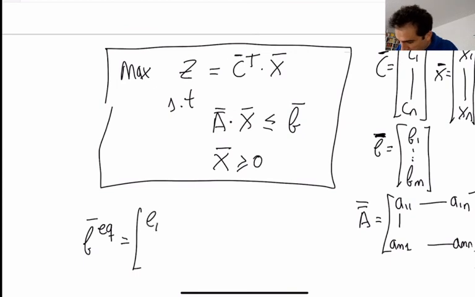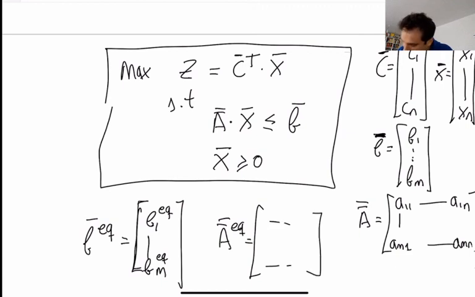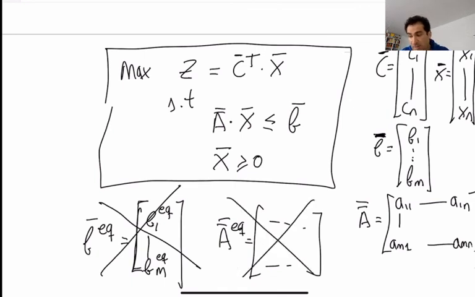Then you'll have b1 equality, bm equality, and a matrix, sorry, of A equalities in the same manner, okay? But in principle, we always stick, this is non-canonical, right?